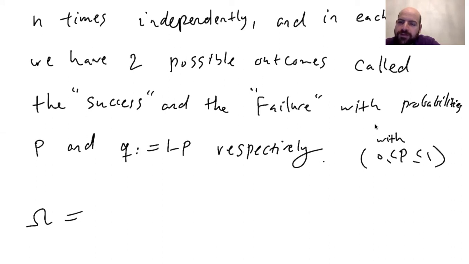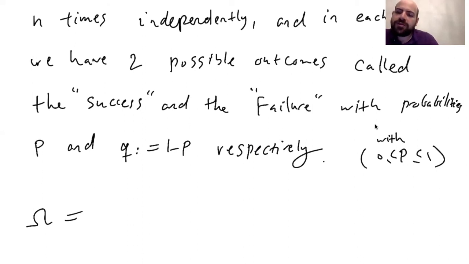Okay. A very standard example is tossing a coin, because you have two outcomes, heads or tail, and then let's say you repeat it 5 times independently. If you toss a dice, then you have 6 outcomes, so it doesn't fit this scenario, unless you first divide the 6 outcomes into 2 outcomes. Let's say odd number or even number.